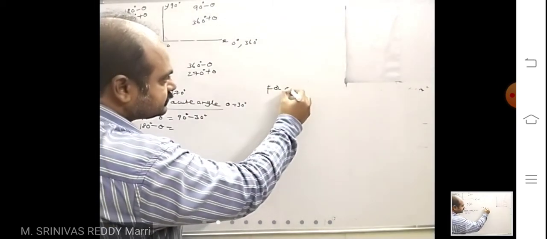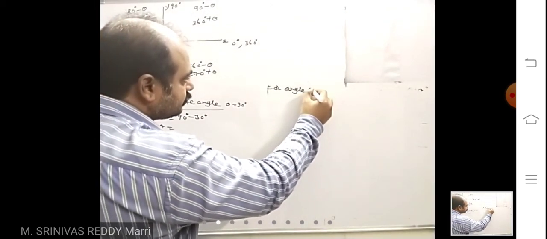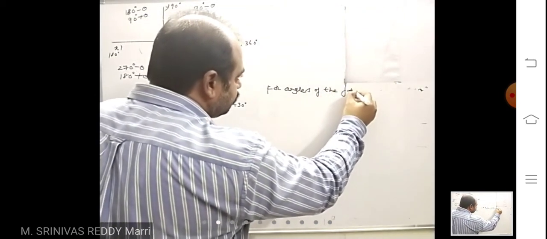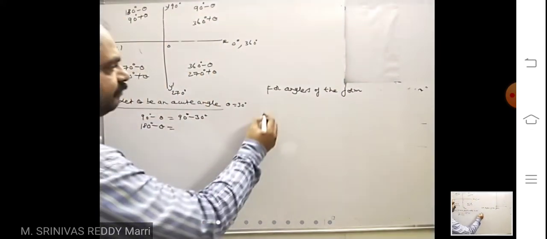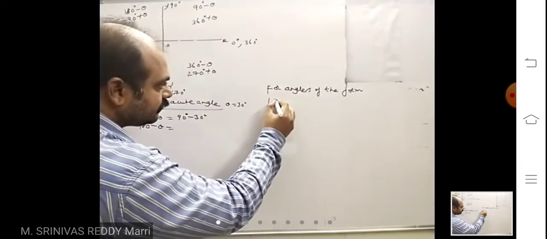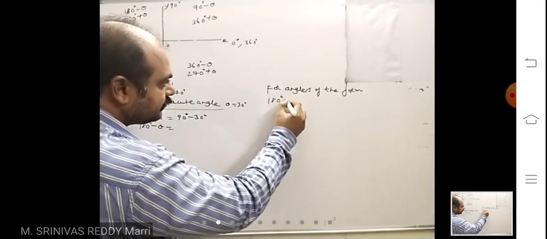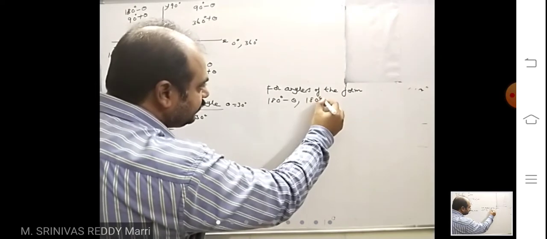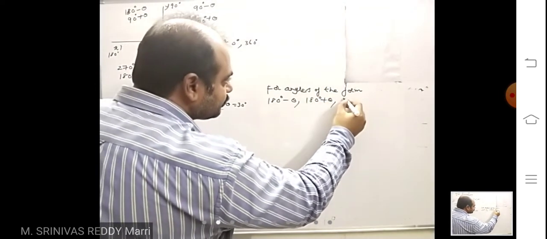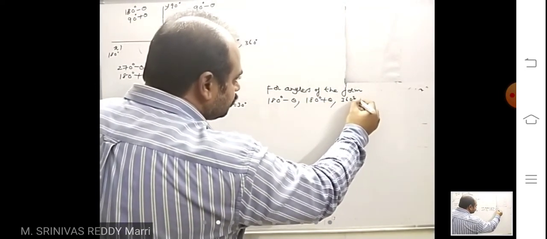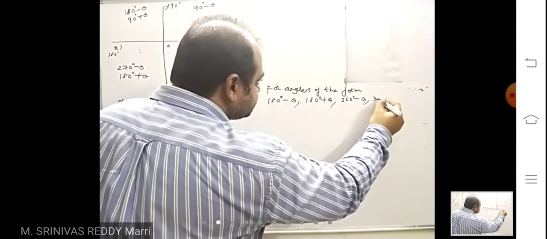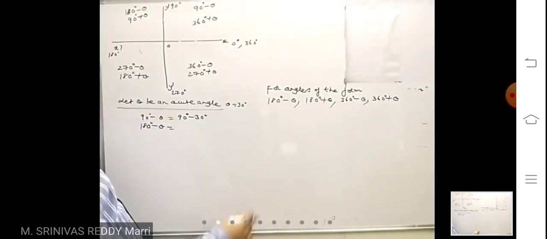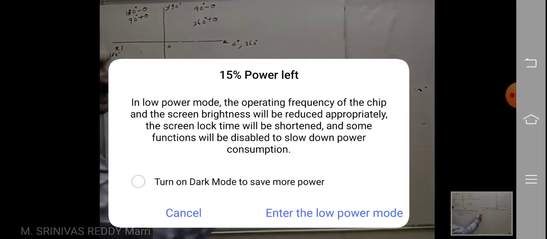For angles of the form 180 degree minus theta, 180 degree plus theta, 360 degree minus theta, 360 degree plus theta, that means inside trigonometric ratios these angles are there.